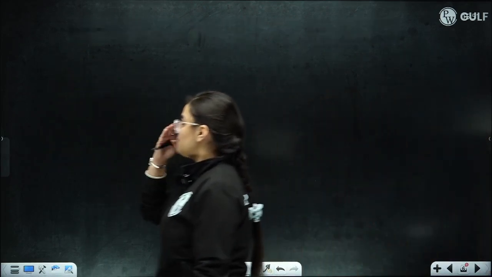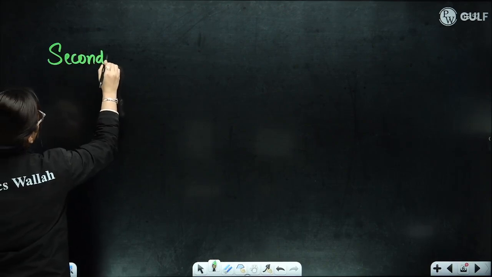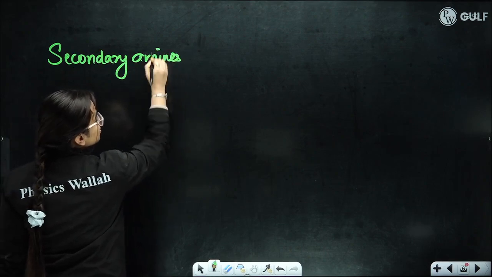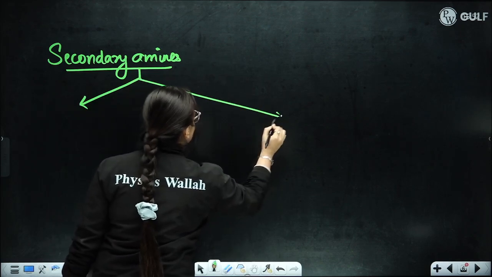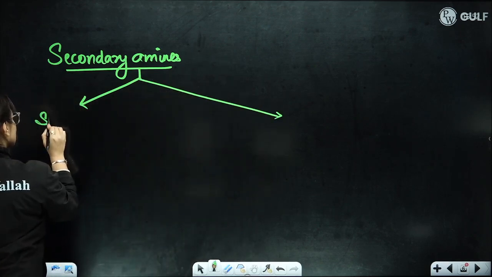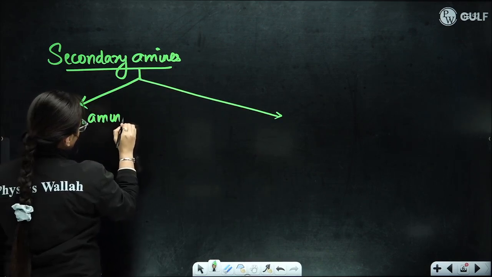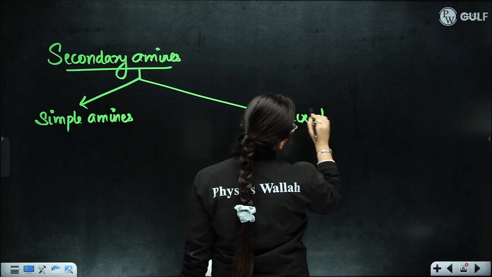Moving on to the nomenclature for secondary amines. Students, just remember, secondary amines can be classified into two major categories, that is simple amines and mixed amines.